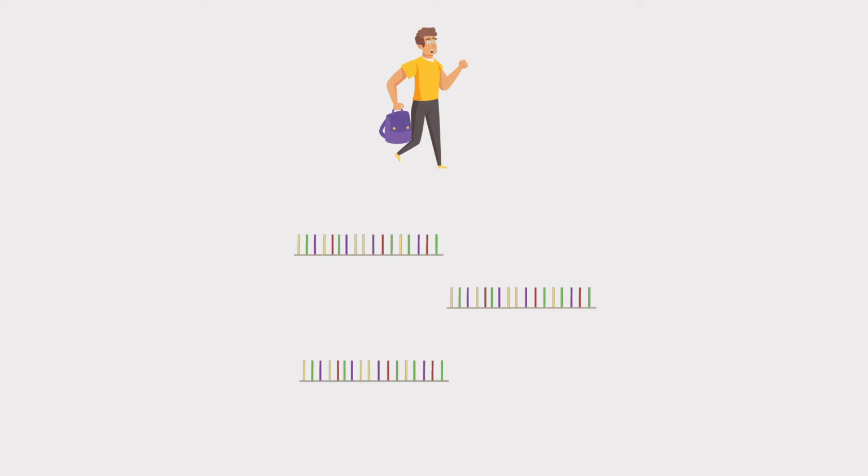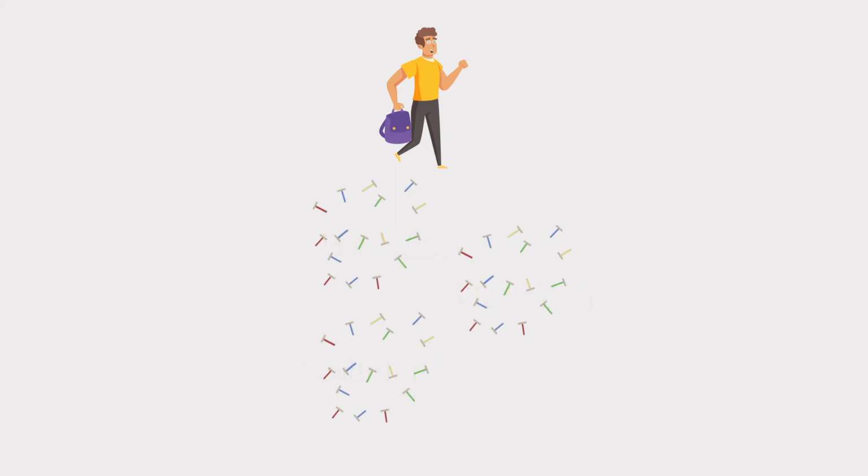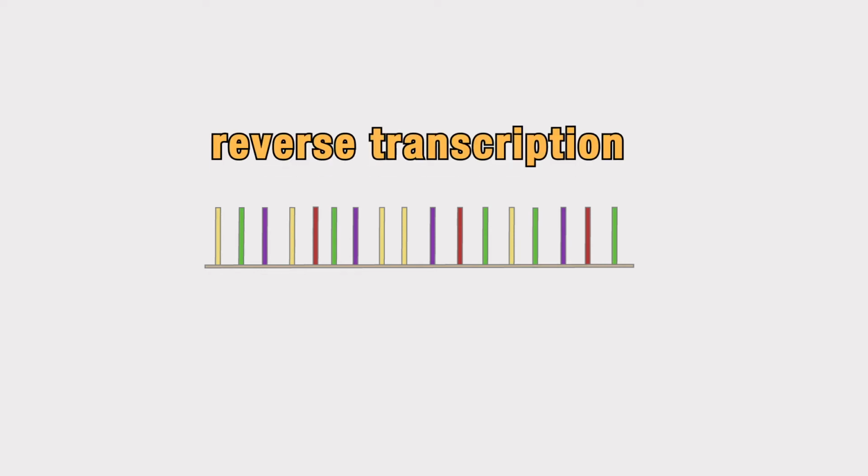RNA isn't very stable and degrades quite quickly. When scientists realized this many years back, they came up with a clever solution to this problem. Once we have our RNA template, we can go through an additional step called reverse transcription to stabilize the RNA before we begin our analysis.